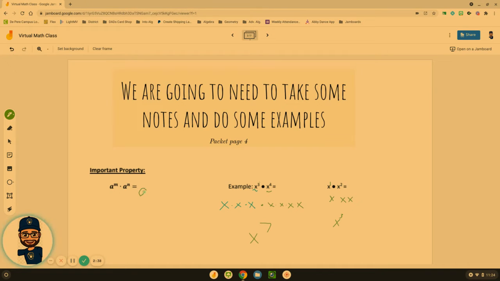Really, this rule is telling us if they have the same base, we can add their exponents. So look, x to the third, x to the fourth, add their exponents, 7. x and x, add their exponents, we've got 3.